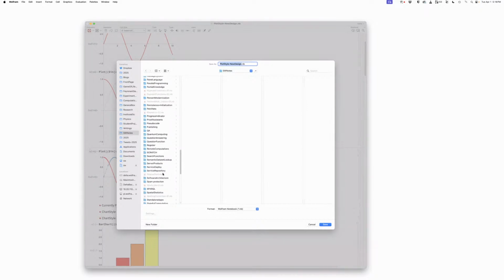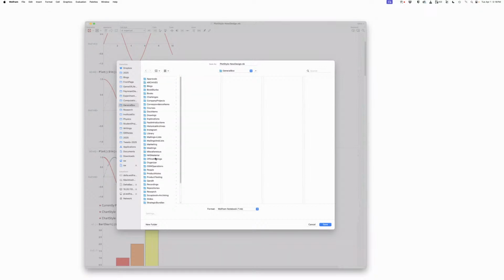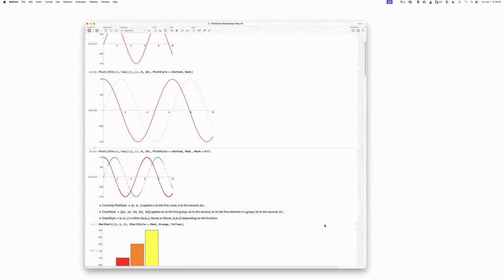It is in General Box, Meetings, Graphics Summit. Well, I'm going to call it BBB, because that's what that was. Okay, so next time, please don't send it by email if I'm supposed to pick it up from some other place.